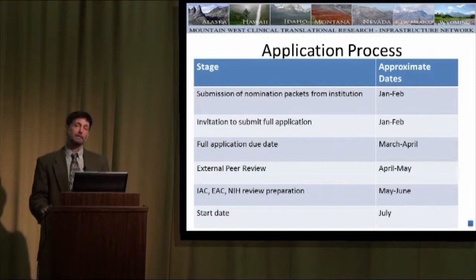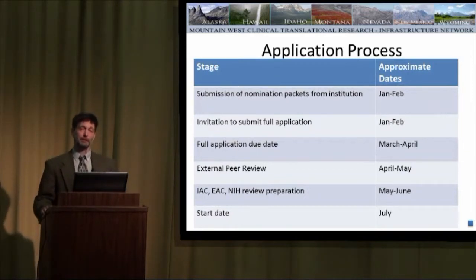When we receive the scores from the external reviewers and the critiques, our next step in our process is review, discussion, and consideration by our advisory boards. We have both an internal advisory board committee, which is comprised of vice presidents for research and similar persons from each of the partner institutions. We also have an external advisory committee, which includes individuals from outside our Mountain West region.